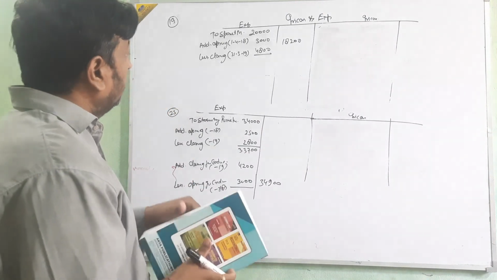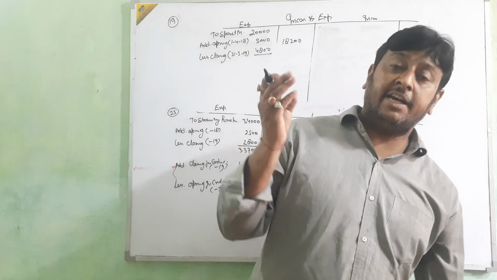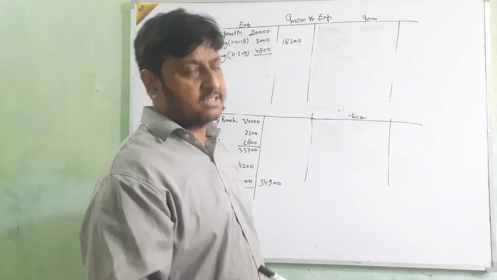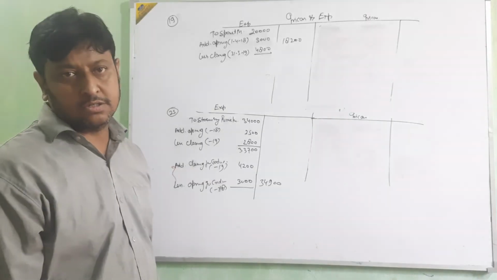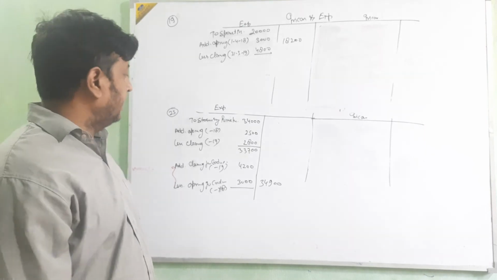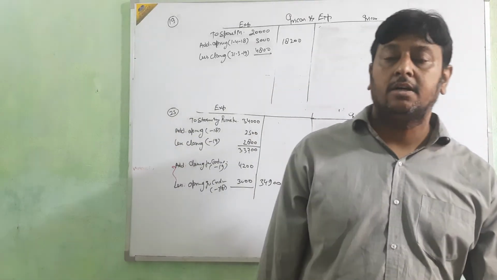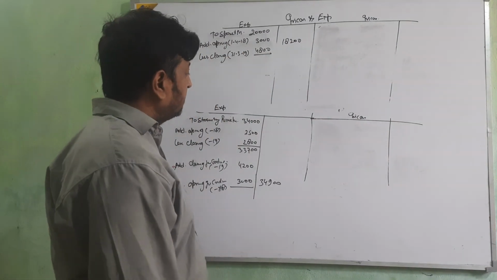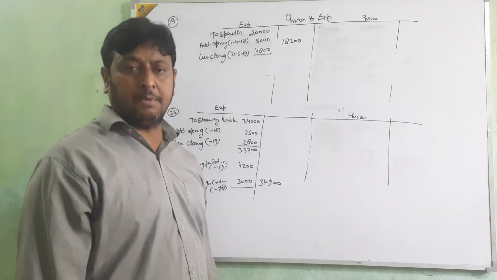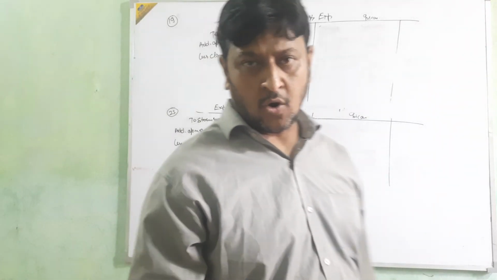Okay, clear? Now today's 3 topics we are finished: income, expenditures, and then consumable goods. Okay beta? Clear? In next class we will go for the starting of receipts and payment account. We will see the receipts and payment account and income and expenditure account. Okay beta? Clear? Okay. Thank you.